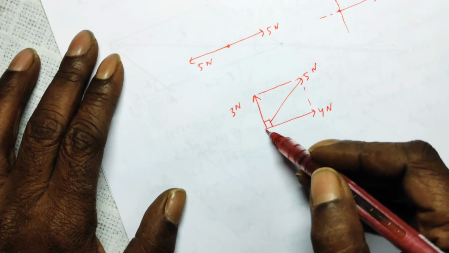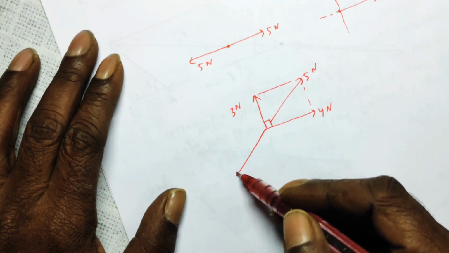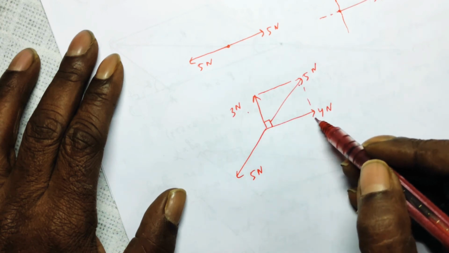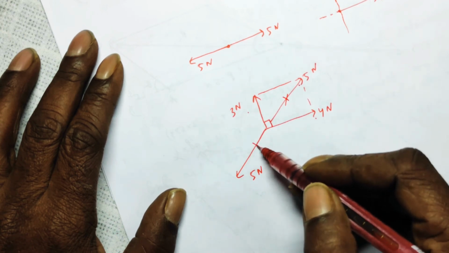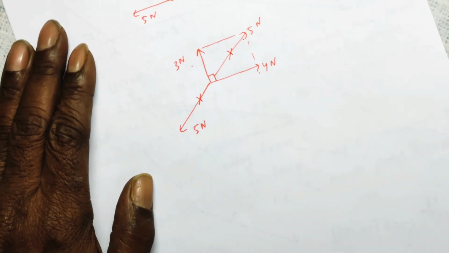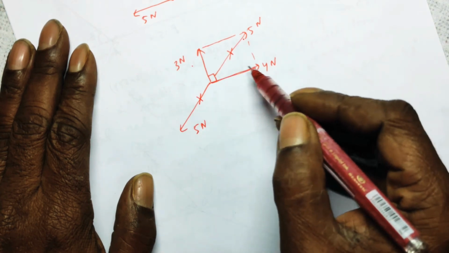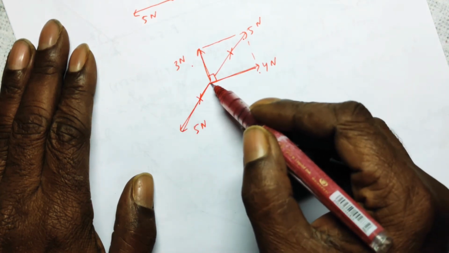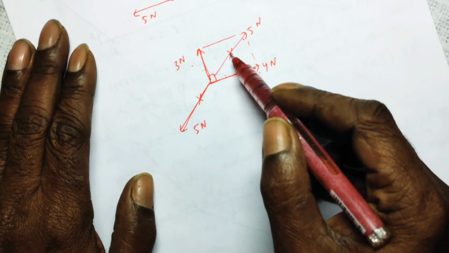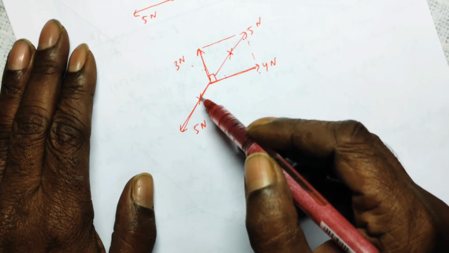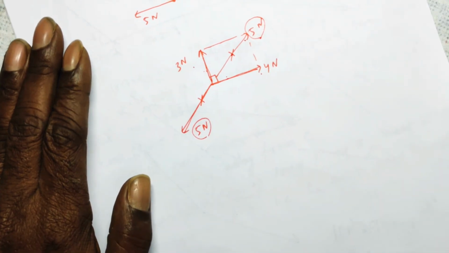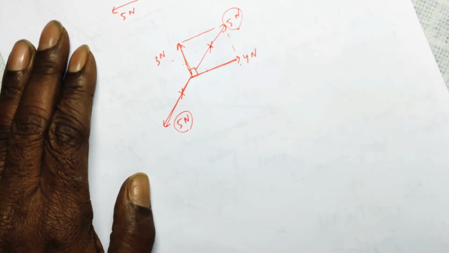Now, if there is a third force exactly opposite to this 5 Newton, that is the resultant of 3 Newton and 4 Newton, then this 5 Newton will cancel with this, and the resultant will be 0. So this one and this one are concurrent, and the resultant of any two, that is this one in this case, is exactly opposite to this one, and both are equal in magnitude. Therefore the sum of the three forces is 0.